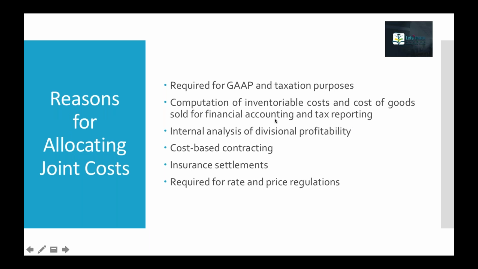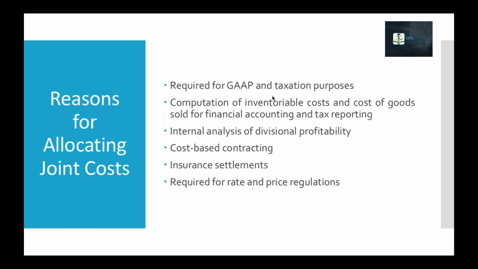Now, the reasons for allocation of the joint cost. One is the GAAP requirement. GAAP asks how you calculate the cost of the products. So you need to show that these products are derived from joint operations wherein we spend this much money and we allocated using these methods. Then GAAP says you should not use the physical quantities method.